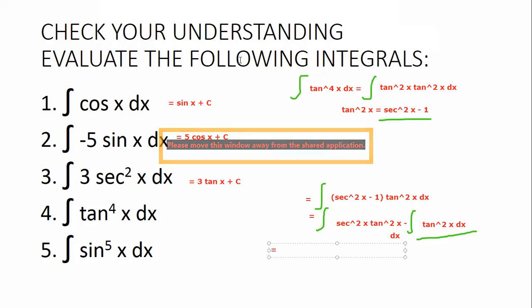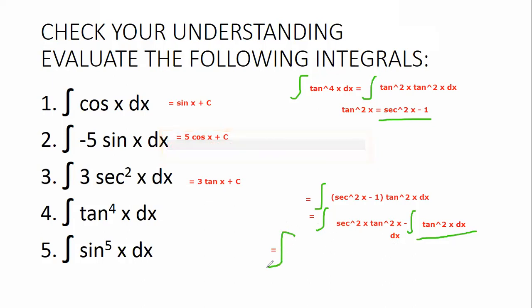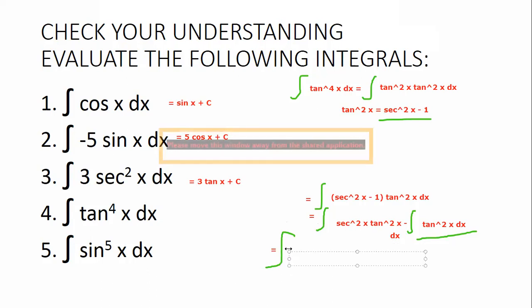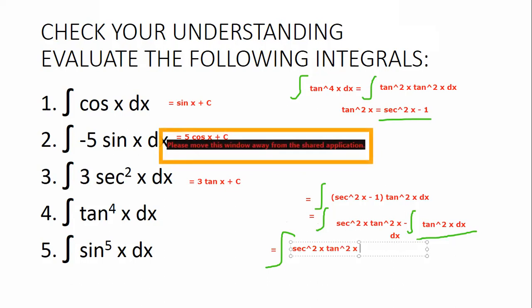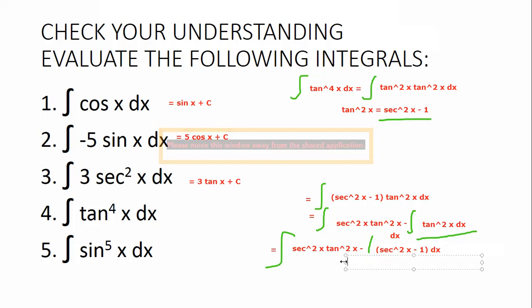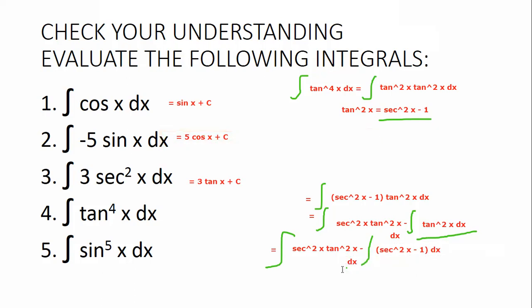So we have the integral of secant squared x tangent squared x minus the integral of, of course, secant squared x minus 1, we don't forget to add the dx here.